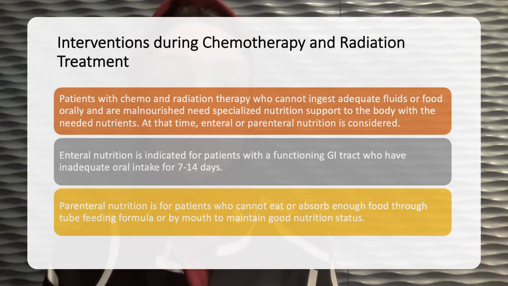Nutrition interventions during chemotherapy and radiation therapy. Patients with chemotherapy and radiation therapy who cannot ingest adequate fluids and food orally and are malnourished need specialized nutrition support to provide the body with the needed nutrients. At that time, enteral and parenteral nutrition is considered.